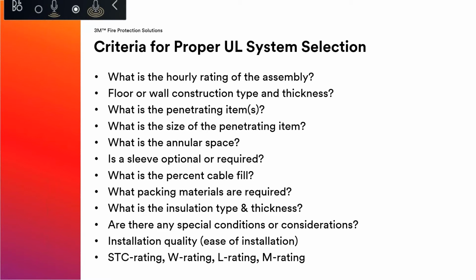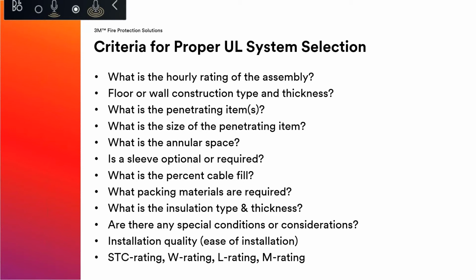At the very bottom there, we've identified some criteria that are also important. Do you need an acoustical rating? Do you need a W rating, which we call it, which is watertight? L rating, that's basically leakage, air leakage, so your smoke seal.